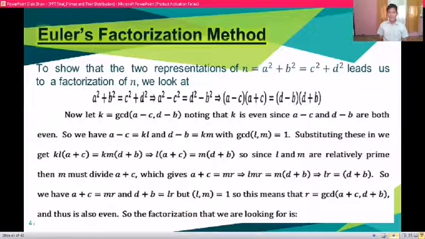Substituting this, we get kl times the quantity a plus c is equal to km times the quantity d plus b, which implies l times the quantity a plus c is equal to m times the quantity d plus b. Basta makita ninyo na m times d plus b.